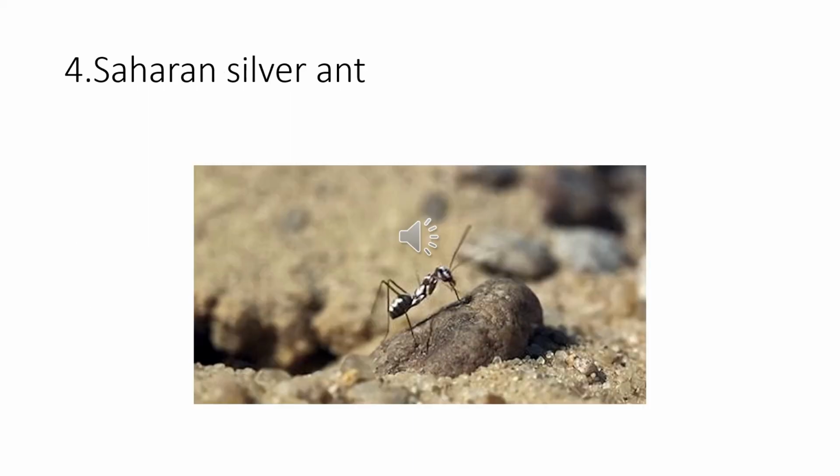Okay, the Saharan silver ant is the fastest ant in the world. Now, it can go 855 miles per hour. I'm kidding, 855 millimeters per hour. And you might be saying, what? That's not very fast. But hear me out. That's just because it's tiny.